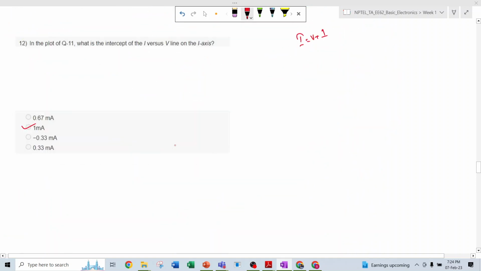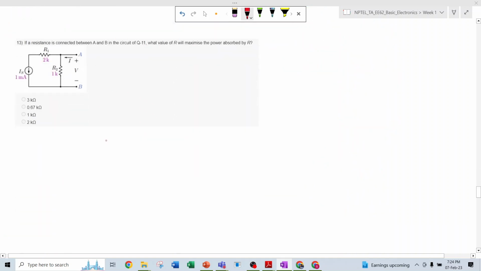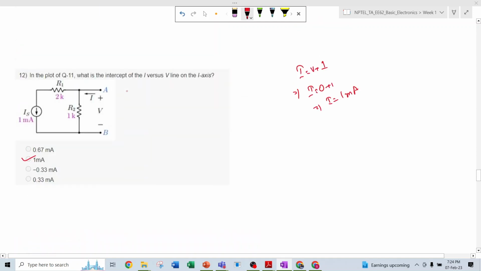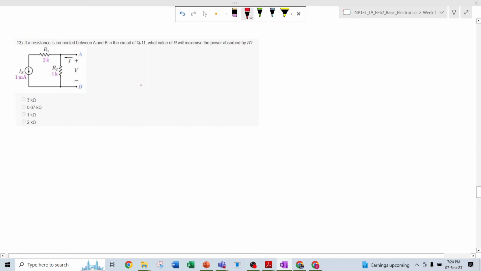So, moving to the next question. If a resistance is connected between A and B in the circuit of question 11, what value of R will maximize the power absorbed by R?